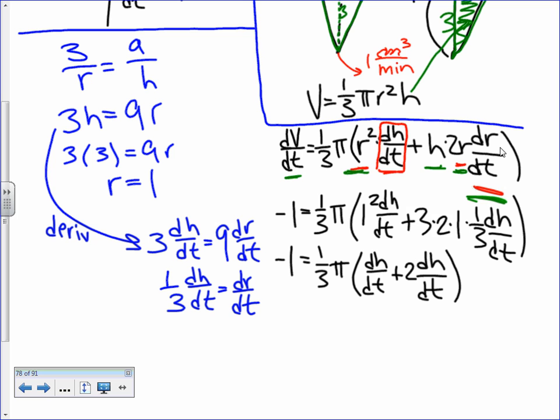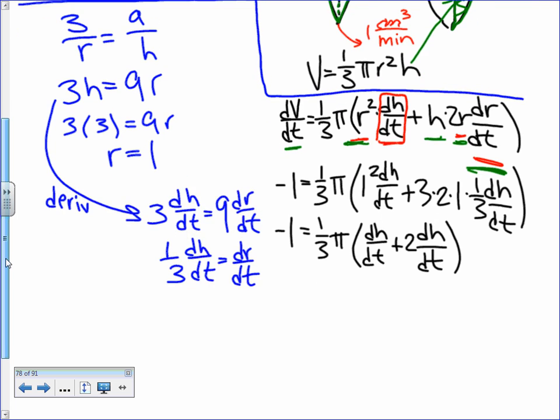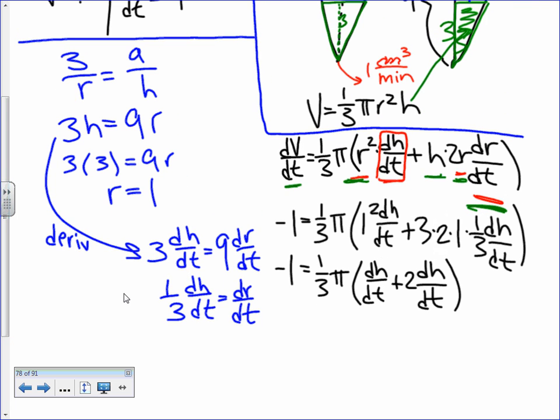So that's going to be 3 dh dt, right? And then we have times 1/3. So I'm going to have -1 equals, now I'll even write it all out, 1/3 pi times 3 dh dt. -1 equals 1/3 and 3, we get pi dh dt.